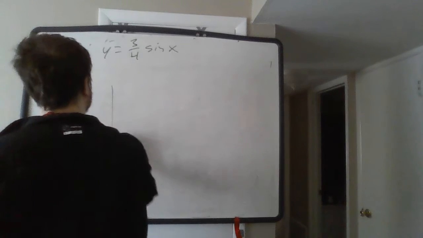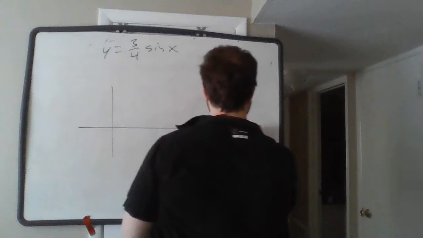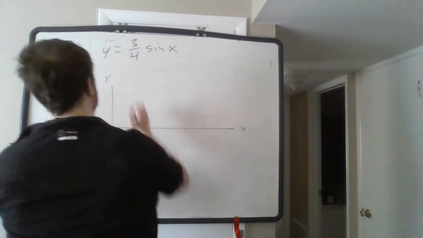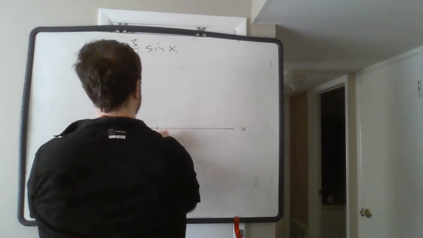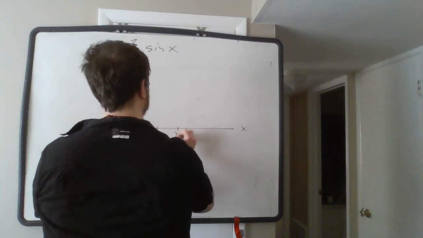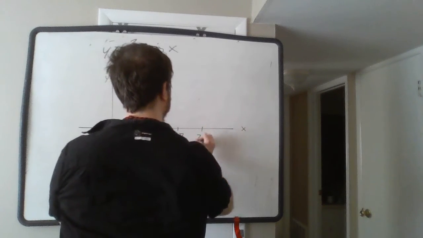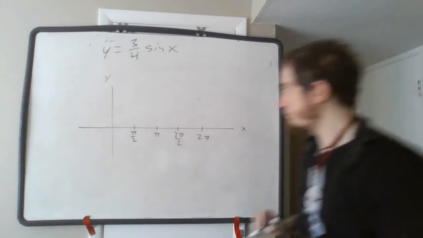Okay, hopefully you were able to do that. Let's take a quick look at how you can go about making this graph. So I'll start off with my xy axes. We'll put pi over 2, pi, 3 pi over 2, 2 pi.